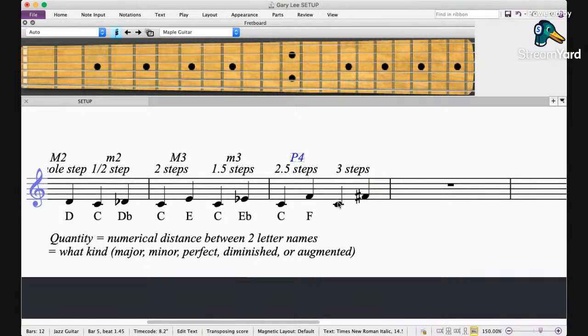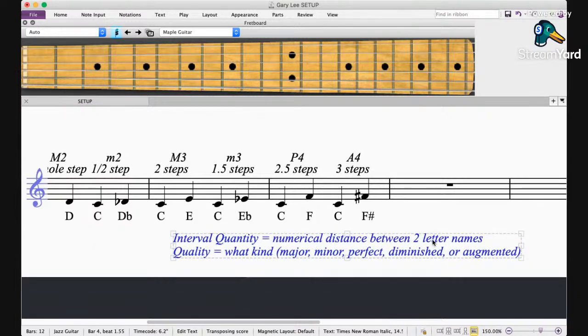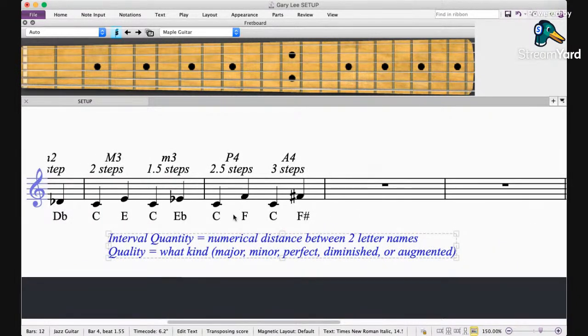And so this would be an augmented fourth, C to F sharp. And the interval quantity is a fourth for both of these, but the quality is different. For this one, the quality is perfect. And for this one, the quality is augmented.